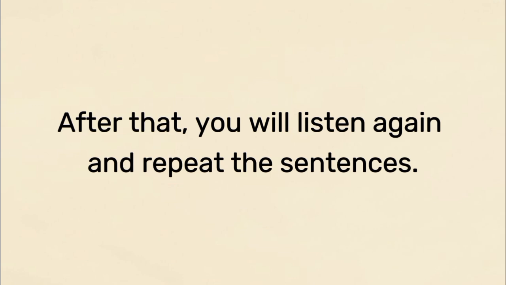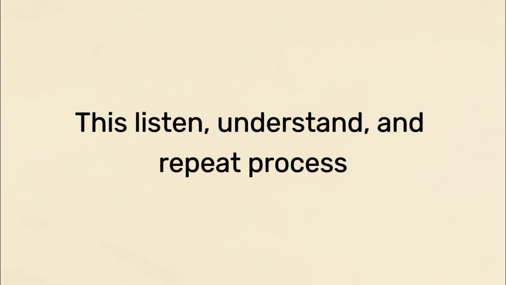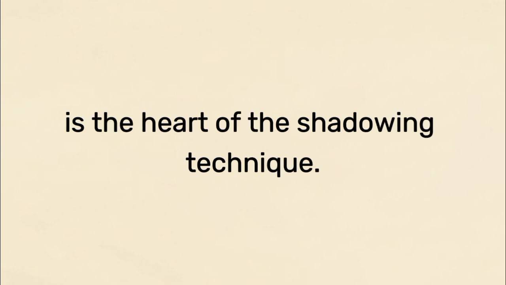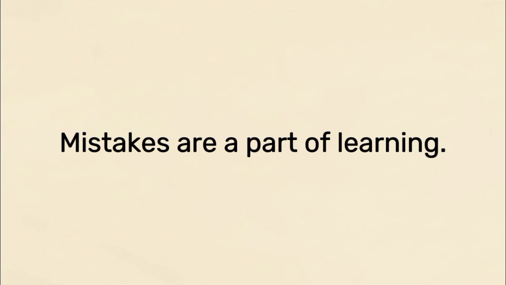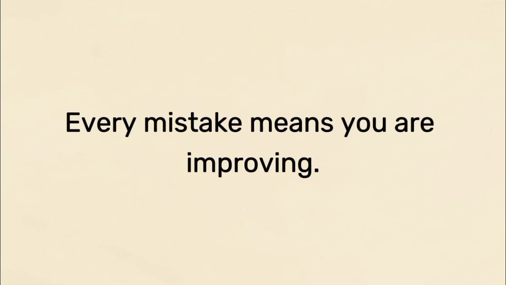After that, you will listen again and repeat the sentences. This listen, understand, and repeat process is the heart of the shadowing technique. Do not worry about mistakes. Mistakes are a part of learning. Every mistake means you are improving.